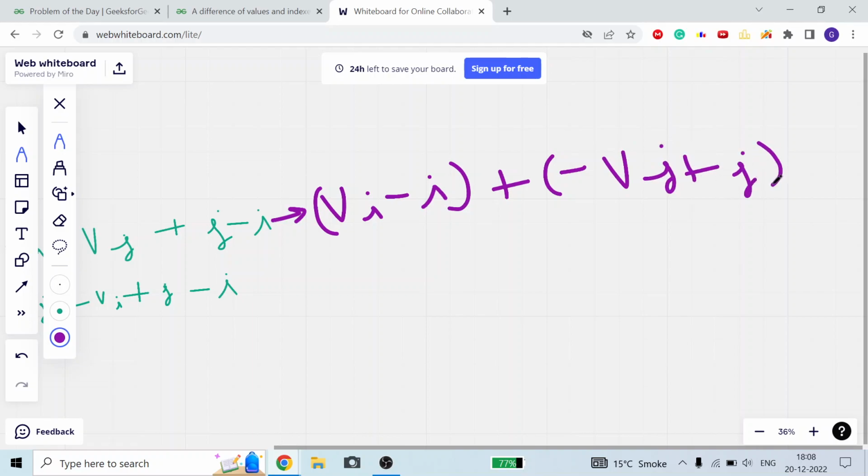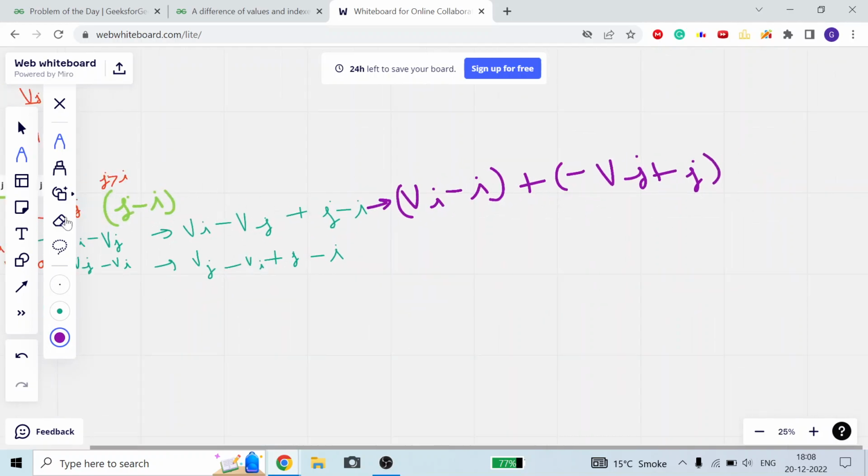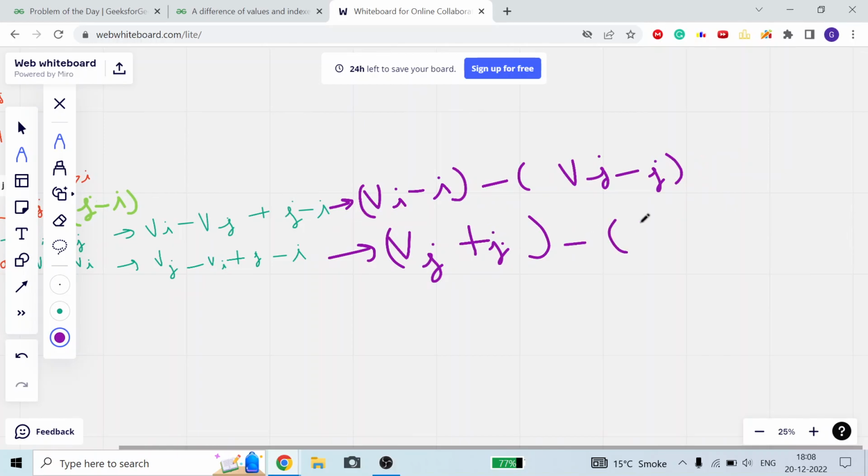We can take minus common, so vj will become positive and j will become negative, and it will become like this: vj plus j minus vi plus i. This is just a simple pair-up I am going to write.